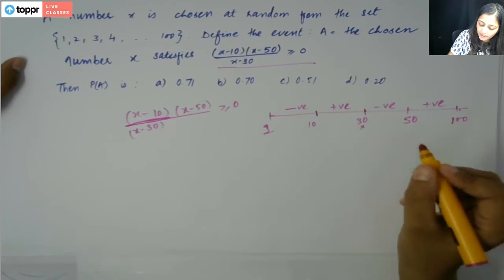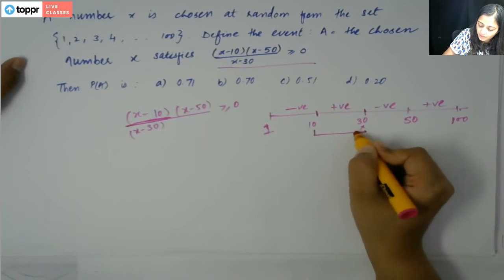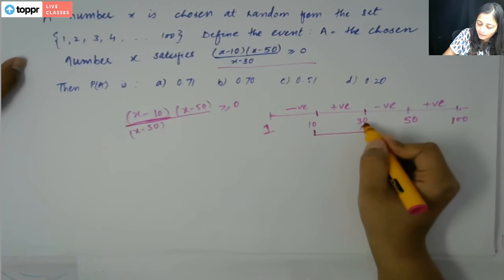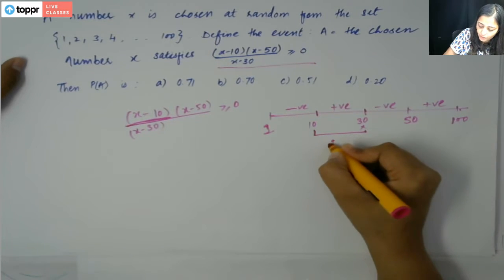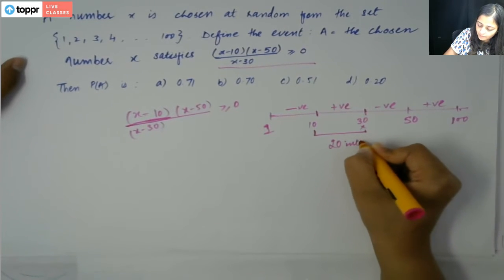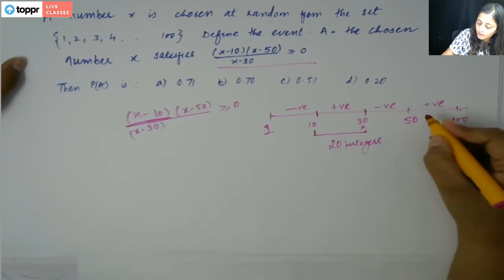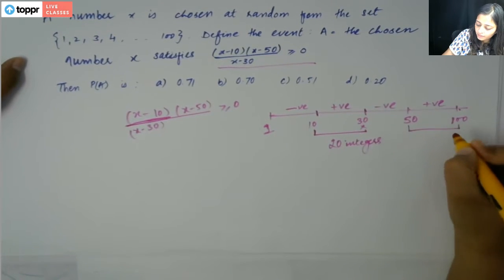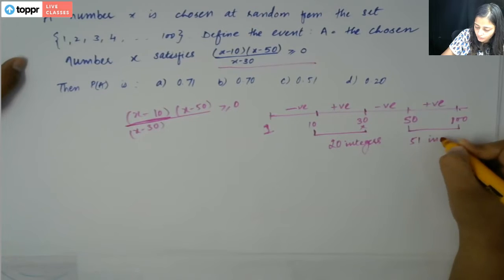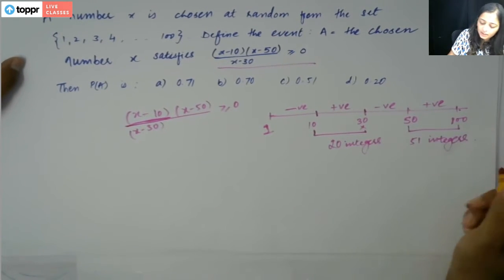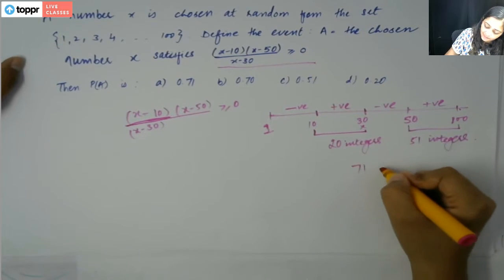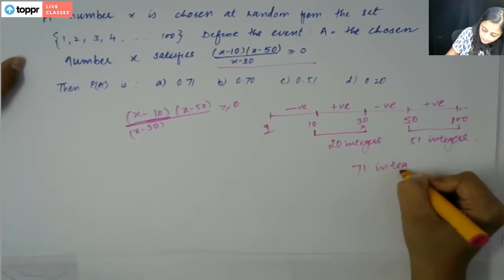So how many integers are there between 10 and 30, including 10 and excluding 30? We have 20 integers. And between 50 and 100, including both 50 and 100, we have 51 integers. So x can take a total of 71 integers.